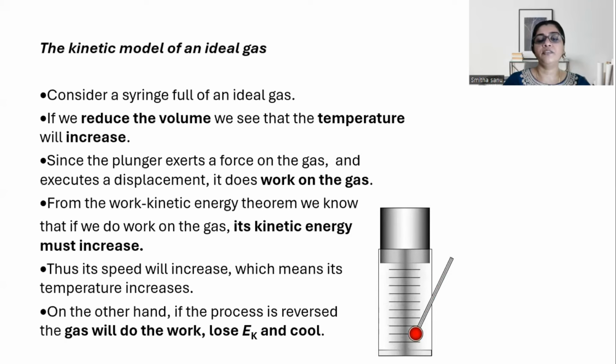As against this, if you are taking the piston out, you are allowing it to cool down. So work is done by the gas. Work is done on the gas when volume reduces and pressure increases, and work is done by the gas when it cools down or volume increases and pressure reduces.